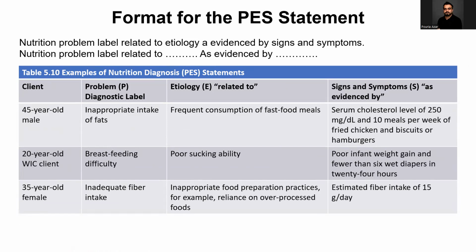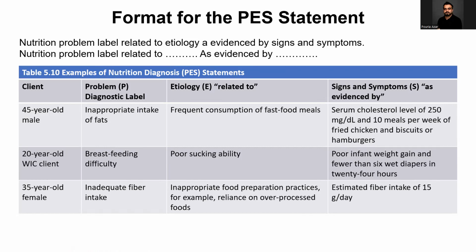We will have nutrition problem label related to etiology as evidenced by signs and symptoms. So nutrition problem label related to blank as evidenced by blank. So here is an example.